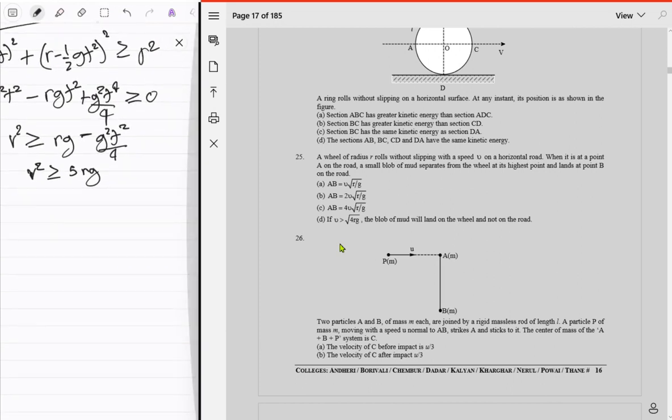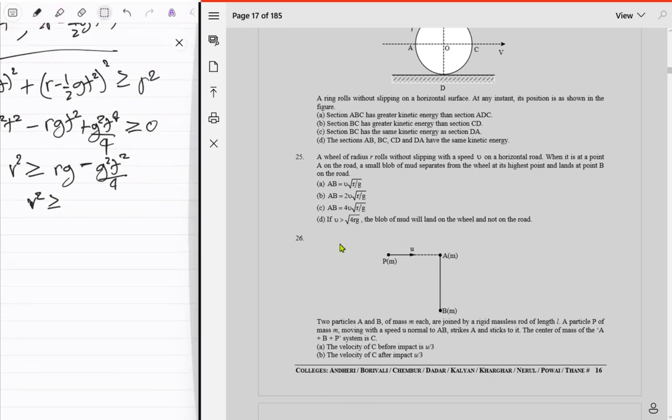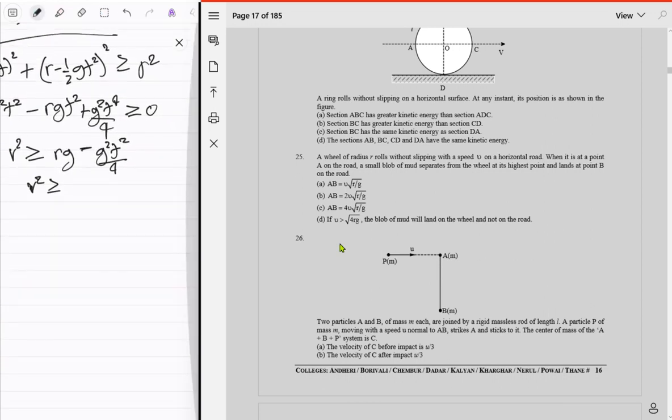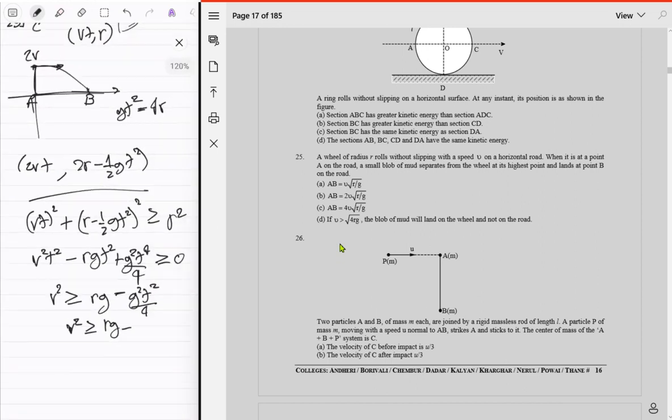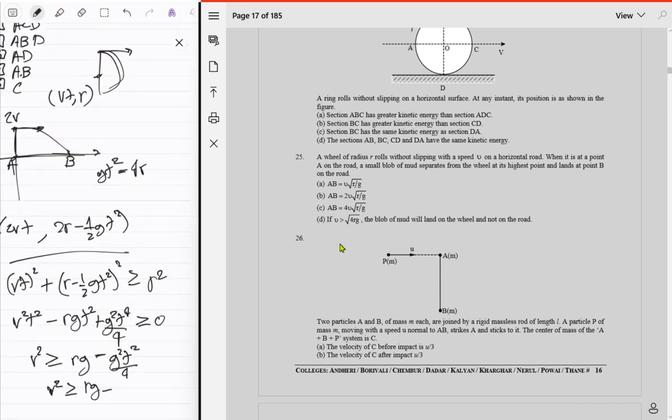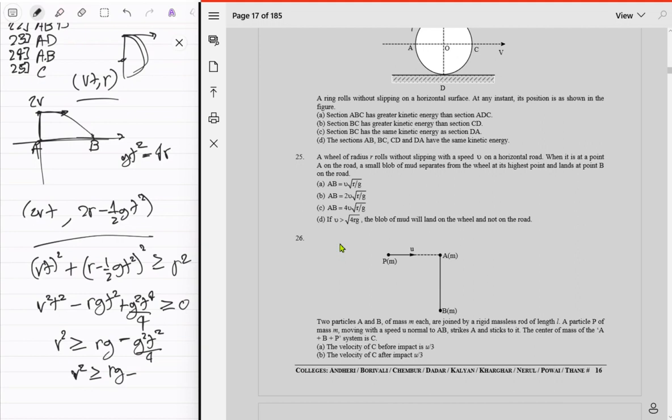So rg, and then what will this become, like gt squared is just 4r, so rg minus, well okay, that's not the thing. So t equal to 0 is probably the least we have. So v squared bigger than rg is needed, right? Not 4rg. No, that's not what we got. Definitely not what we got. The coordinates of this are this for sure. So yeah.